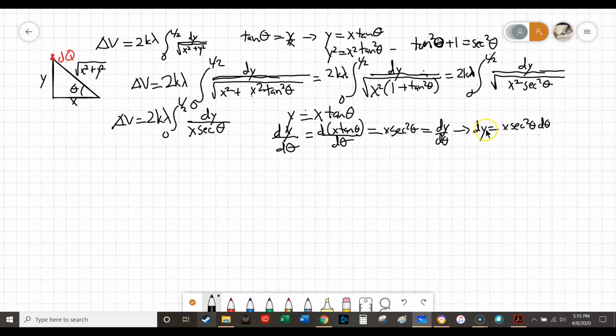So I am going to plug this x secant squared of theta d theta for dy right into this right here.